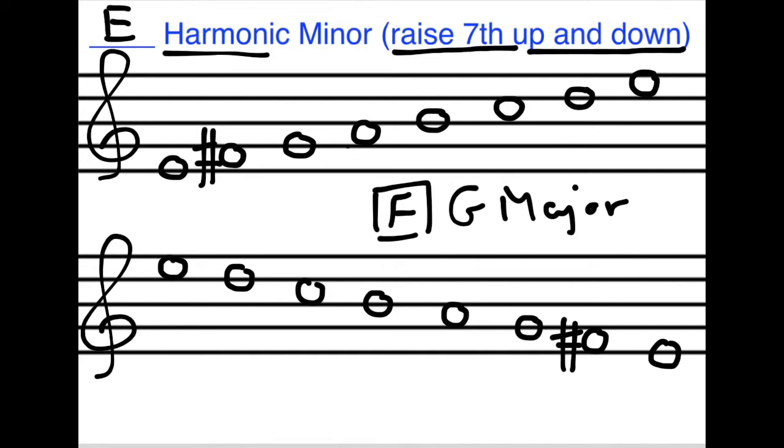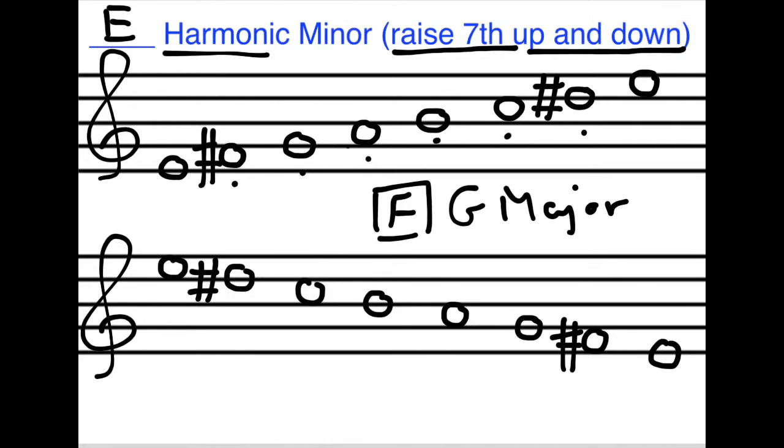So what is the 7th note in E minor? I'll just count 7 up from E. E, F, G, A, B, C, D. That's your 7th note. So you raise it from D natural to D sharp, and it's raised going up and it's raised going down.